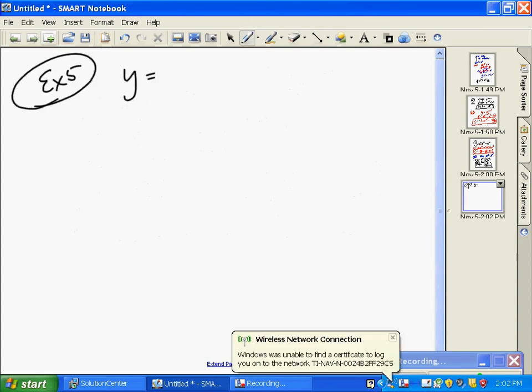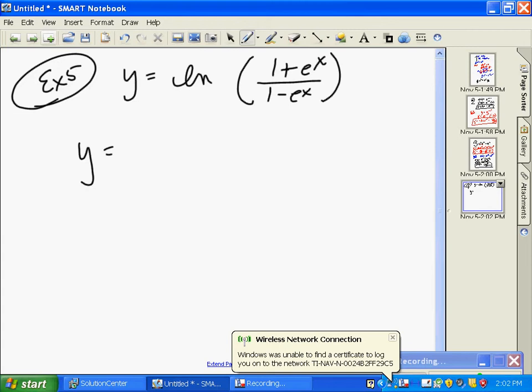I have y equal to the natural log of 1 plus e to the x all over 1 minus e to the x. So to make this easier, I'm going to use my natural log properties and separate that fraction. So I have natural log of 1 plus e to the x minus the natural log of 1 minus e to the x.